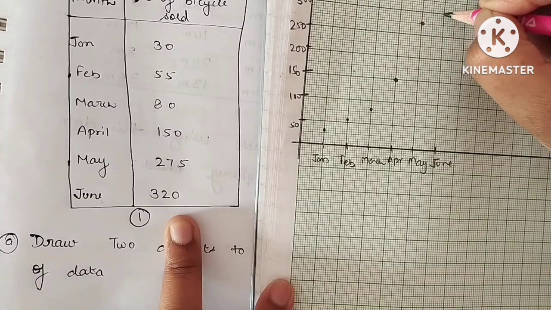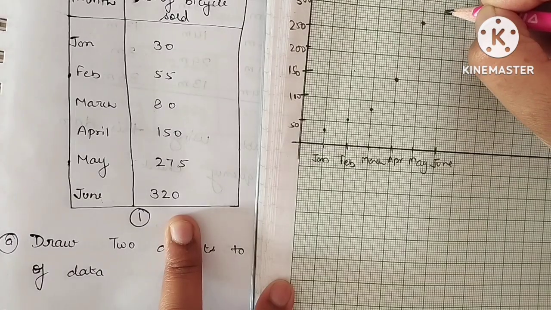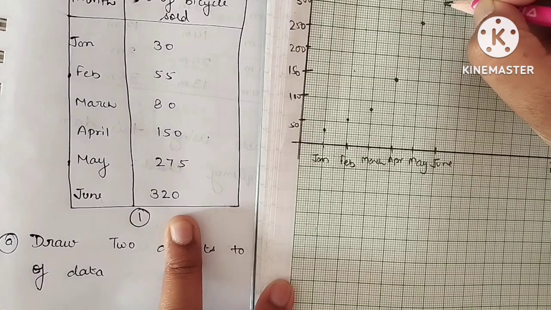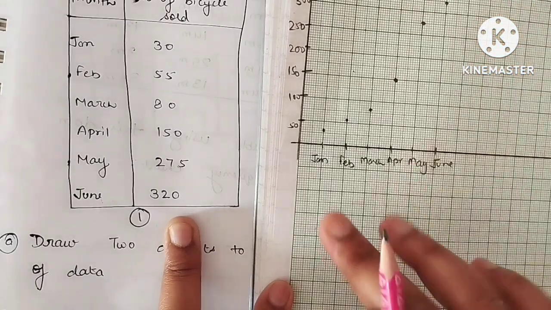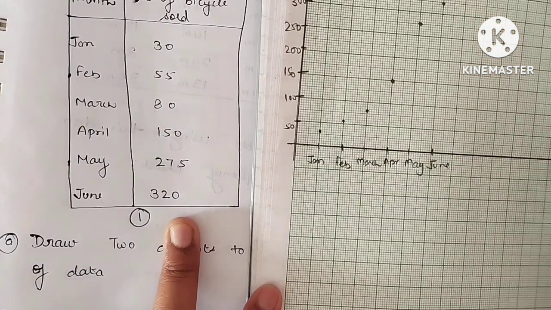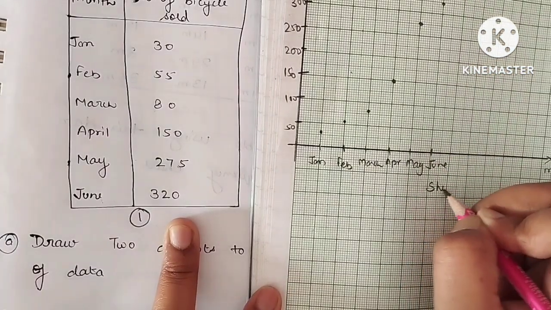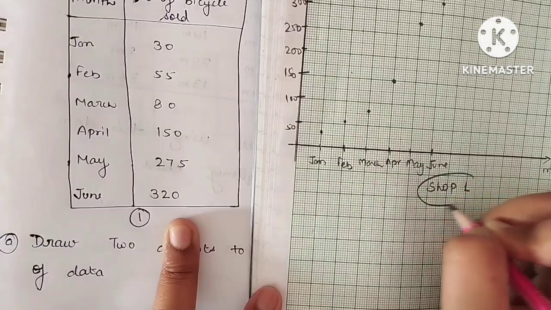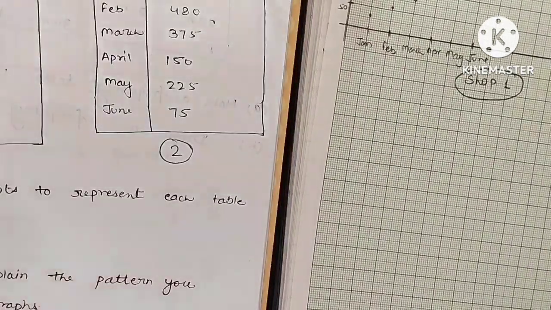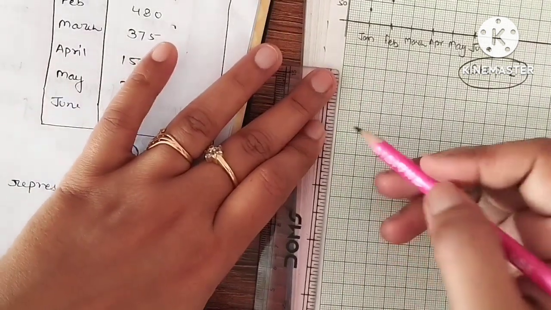So this is 300, 305, 310, 315 and 320. Correct? So this is my dot plot for shop 1. Understand? In the same way we will make the dot plot for shop 2.